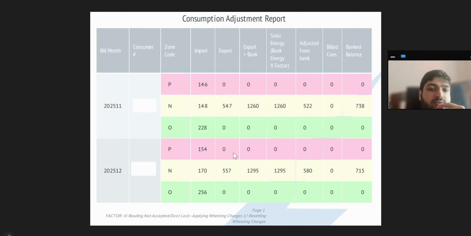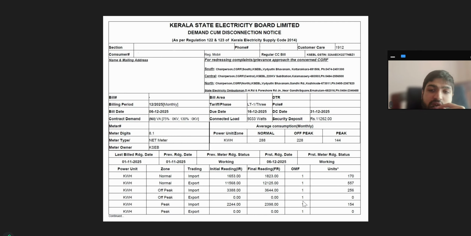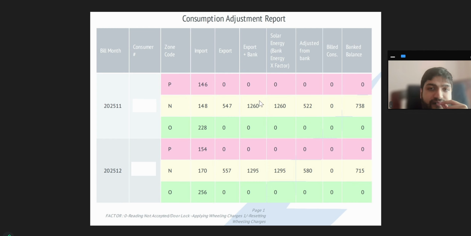The export that is there is only for normal time. So that's 557. So here you can see 557 is the export. So that is mentioned here. Export plus bank. So the bank balance is basically the closing balance of the last month. That's 738 units.